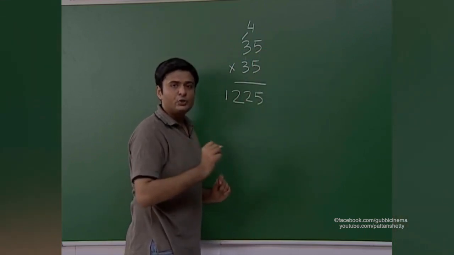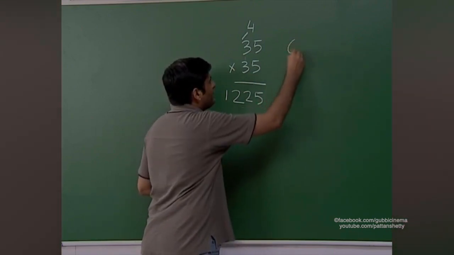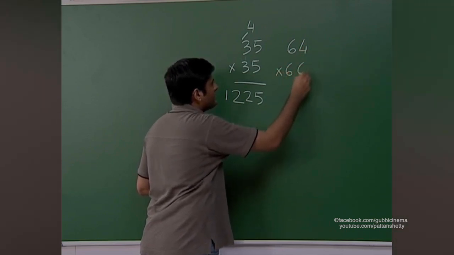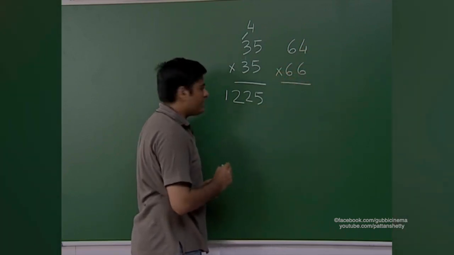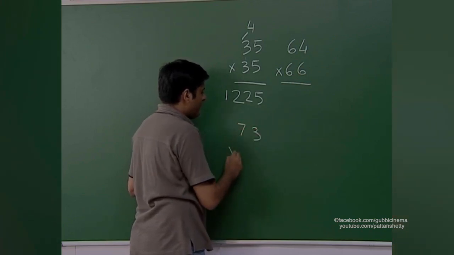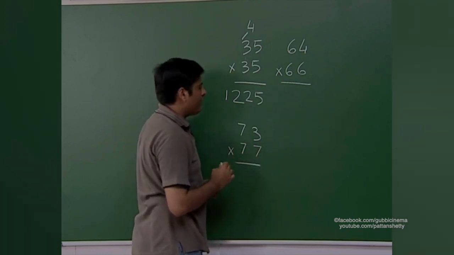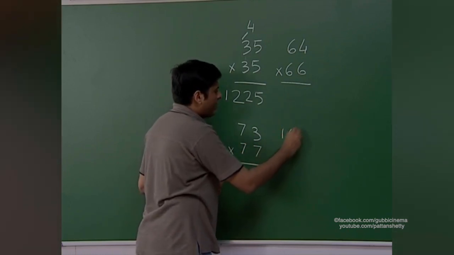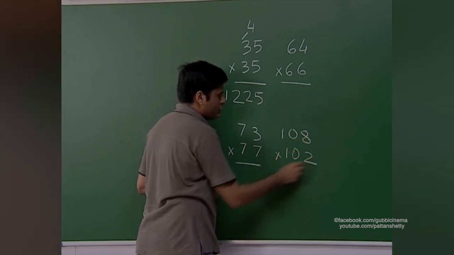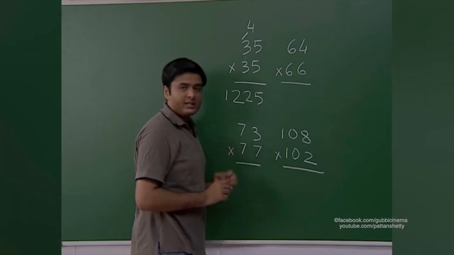Let me give you 2 to 3 examples to clarify better. Suppose I have to multiply, say, 64 by 66, or say I have to multiply 73 by 77, or say I have to multiply 108 by 102. What do you observe in this case? 2 things.